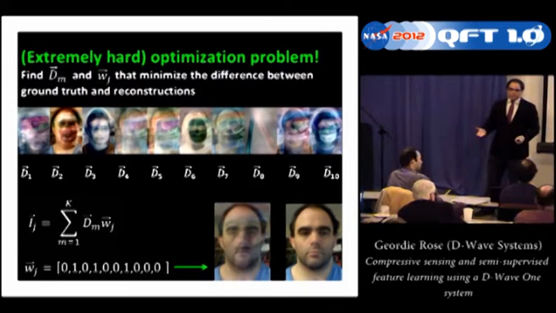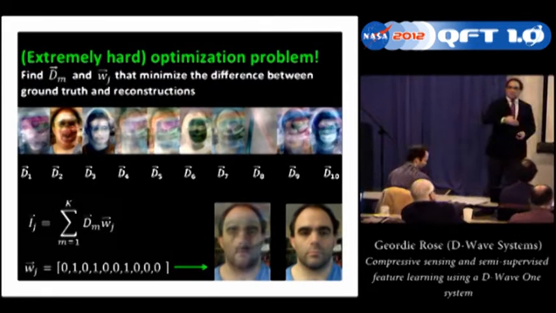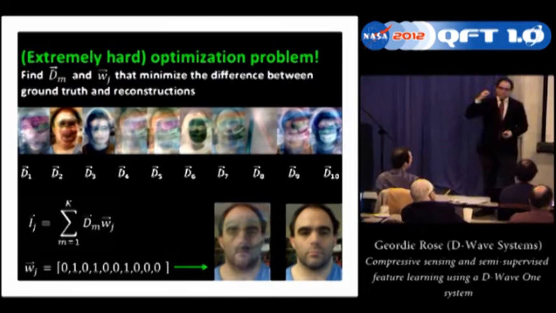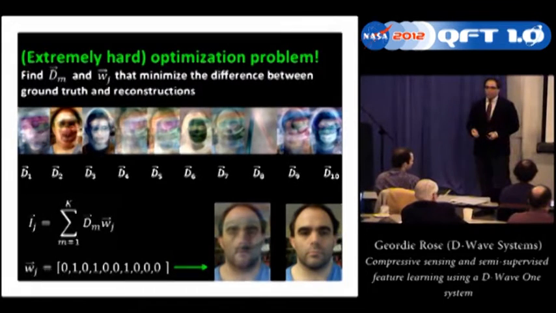And what you want to do is try to minimize that function. You want the reconstructions to look as much like the original images as you can. And there's a large number of extremely hard discrete optimization problems that are generated through this process.